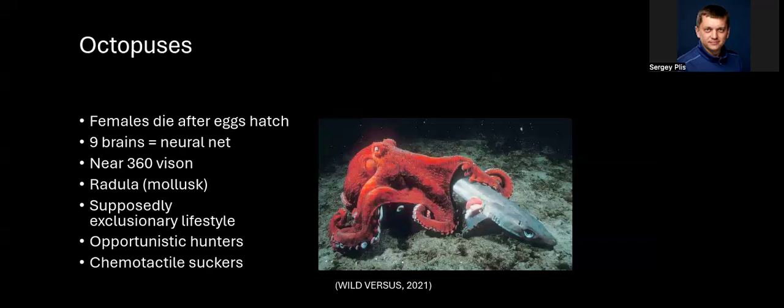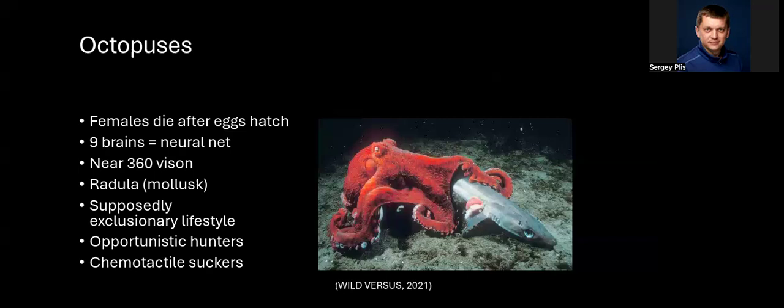This was back in 2021, I think earlier, maybe 2008. There was evidence that a giant Pacific octopus, which is what's listed here, ate a shark in an aquarium, and that was previously not thought of. So they're typically opportunistic hunters that will eat things if they can, if that makes sense.